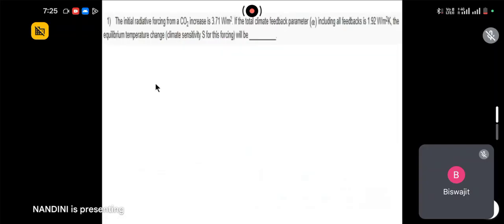So now, for week 9 of your NPTEL class, it is mostly talking about radiative forcing, climate sensitivity, etc. So I thought we will begin with a basic introduction of what is radiative forcing.